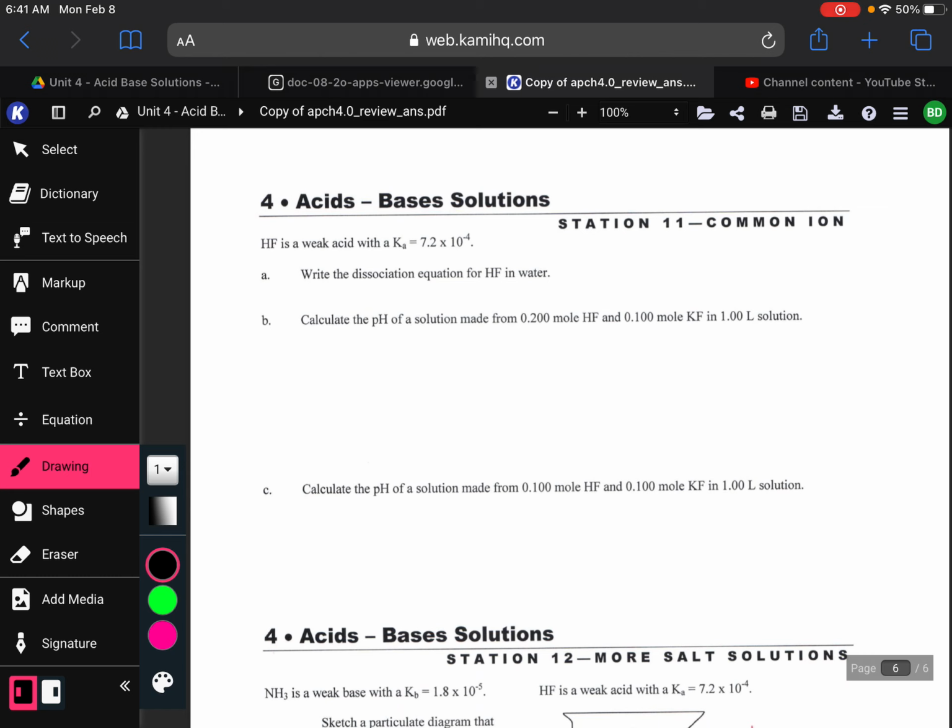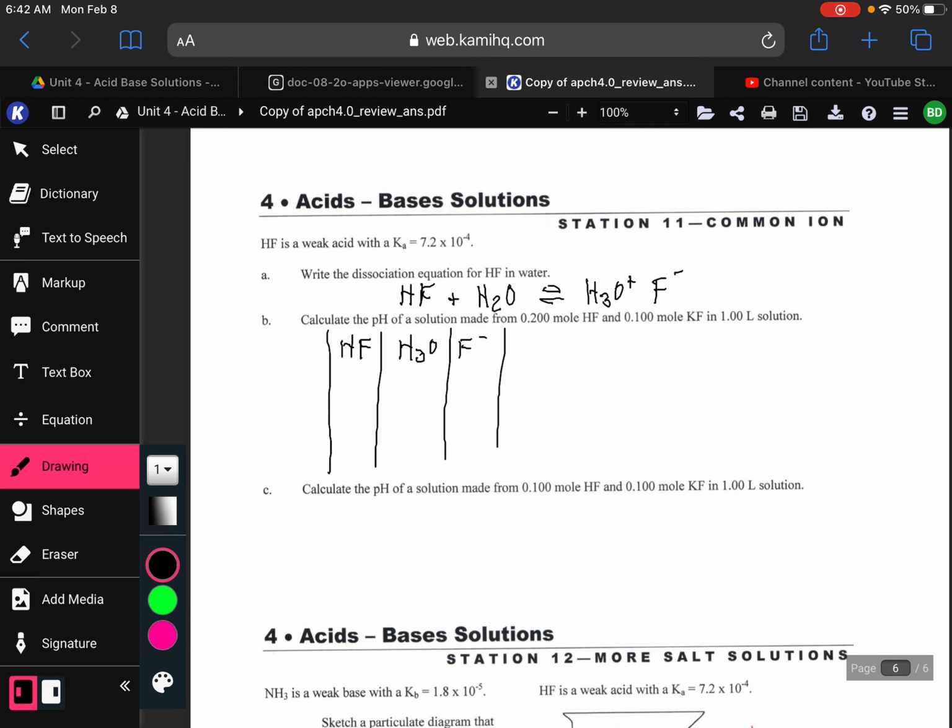So HF in water is just going to be HF plus H2O gives you your H3O+ and F-. So when you make your ICE table, you have HF, H3O+, and F-. So it'll look like this.